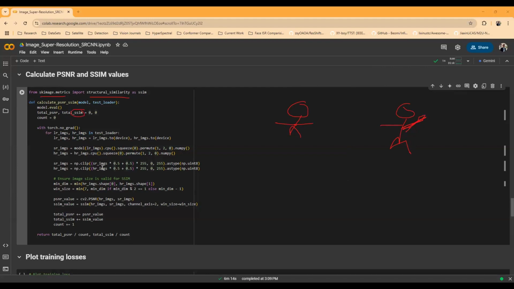So these two metrics are good enough for evaluating the basic performance. We are just testing, so torch.no_grad is applied here, taking the test loader, putting it to the device, then calculating, clipping, and computing PSNR values.